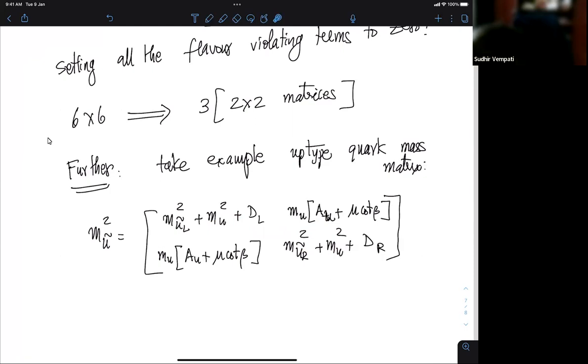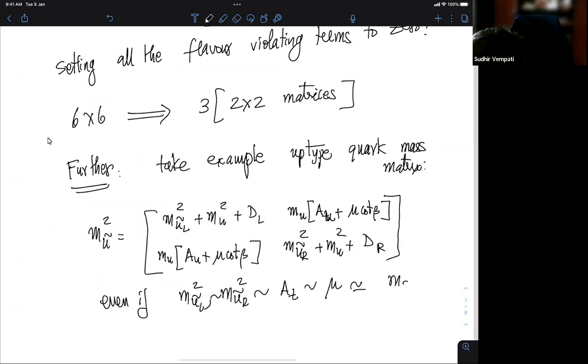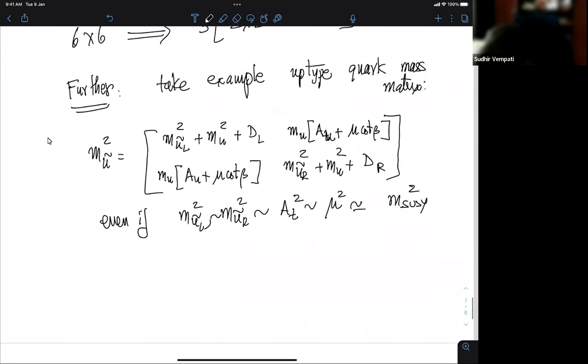For the first 2 generations, even if you want to take them to be comparable, so even if you take A_t, mu, m_L tilde, m_R tilde all to be the same, roughly equal to some scale m_SUSY, say m_Z, then you have m_SUSY square on the diagonal, and the off-diagonal is mu times m_SUSY times the Yukawa.